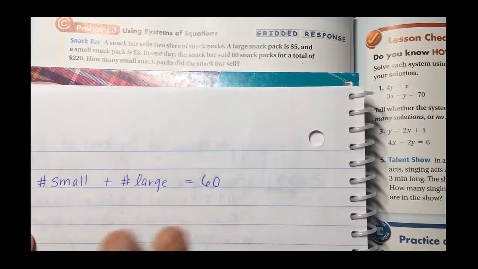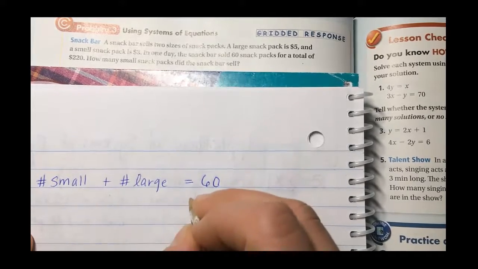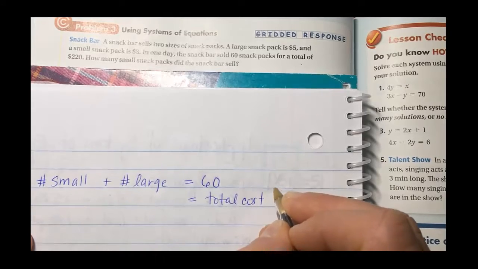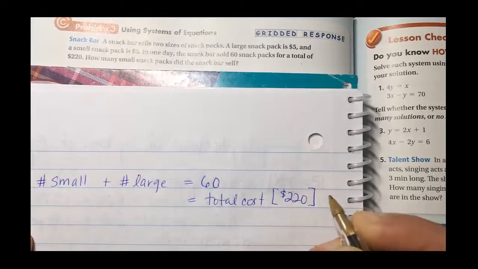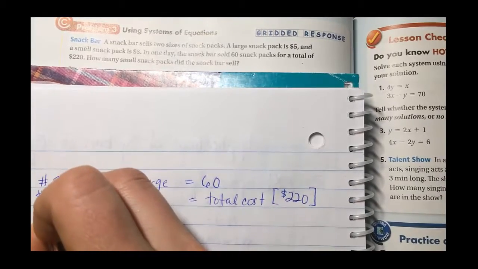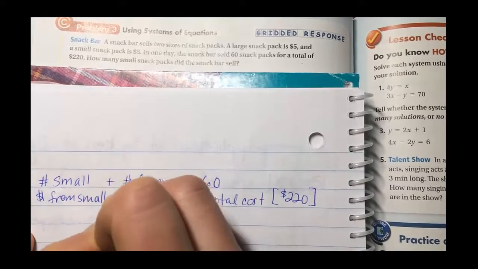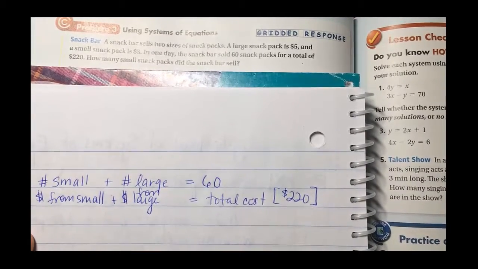So that was about the amount, but there's this thing about the dollars too. So I know the total cost, which happens to be $220. That's equal to the money from the small snack packs plus the money that we got from the large. Okay.